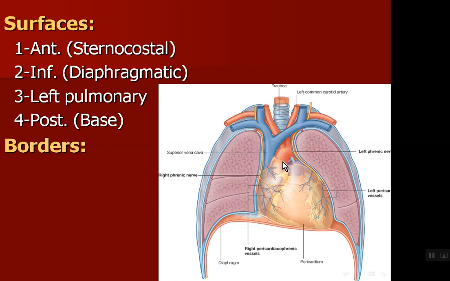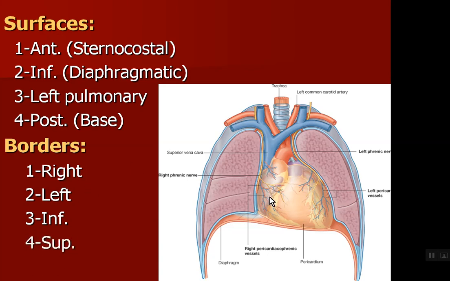So if I want to guide you about the mathematical shape of the heart, I must say that it is like a pyramid with a base and three surfaces. These surfaces are limited by some borders.